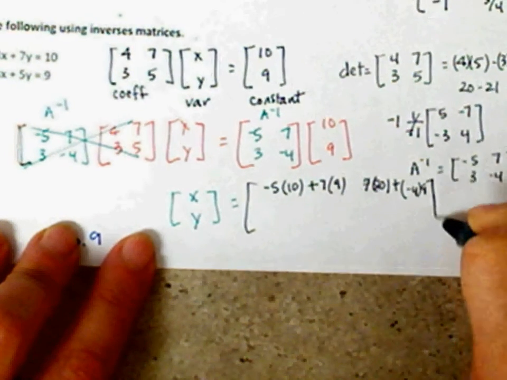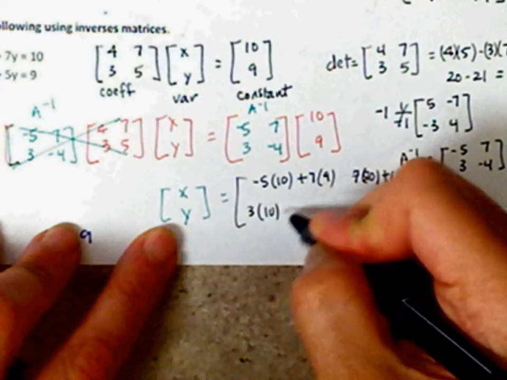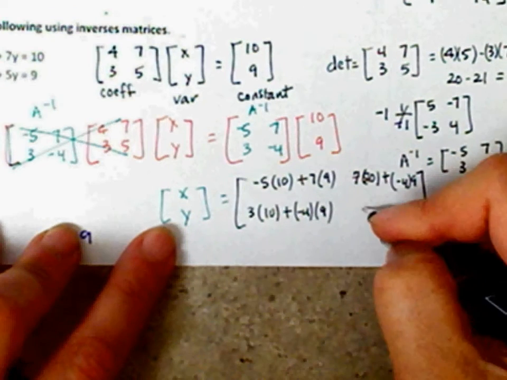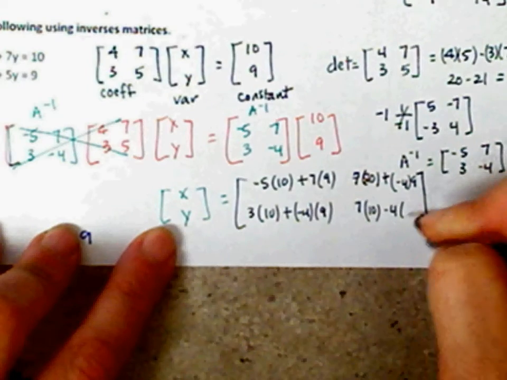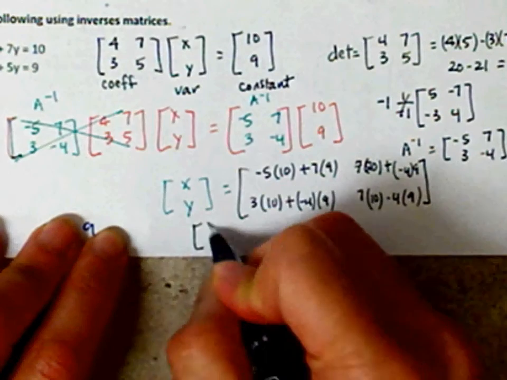And I'm out of room. My apologies. Then you take 3 times 10 plus negative 4 times 9, and then you'll have 7 times 10 minus 4 times 9. And you can do all that math and then you'll see what x and y are going to equal, okay?